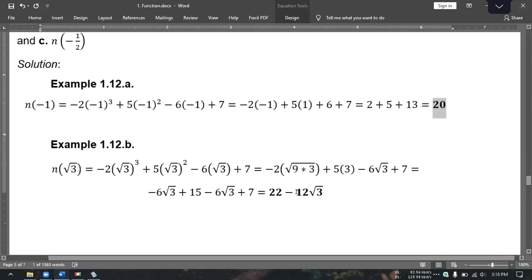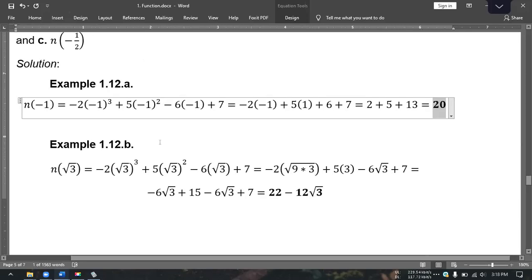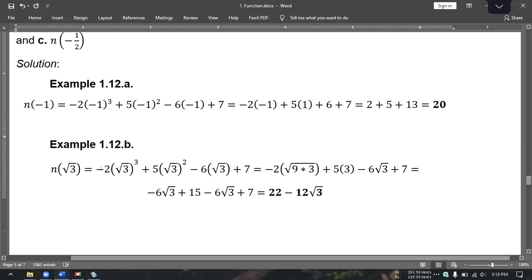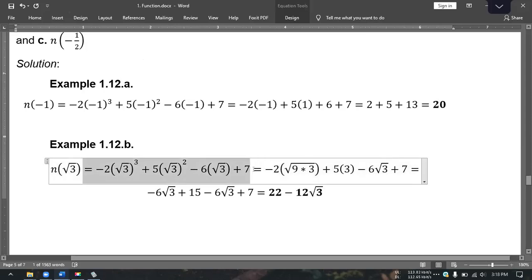Okay, for letter B, if x is square root of 3 naman. So we'll be replacing all variables x by square root of 3. That's why we have this line. So unlike nung kanina, our index here is 2, right? Square. And our exponent is 3. So we cannot apply the cancellation of radical sign. But still, we can simplify the radical.